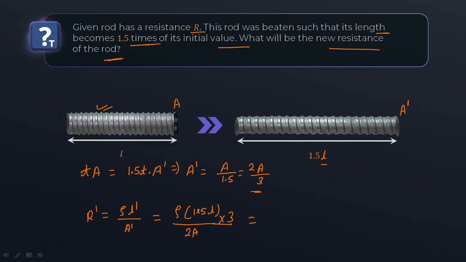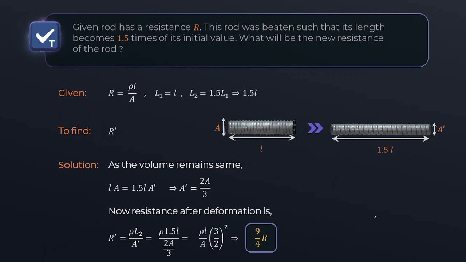Now we can simplify this, so it will be equal to 9 rho L by 4A, yes or no? Now rho L by A is what? The resistance given in the question. Here the resistance was rho L by A. So can I say that it is nothing but 9 by 4 R? Yes or no? Simple, easy, right?